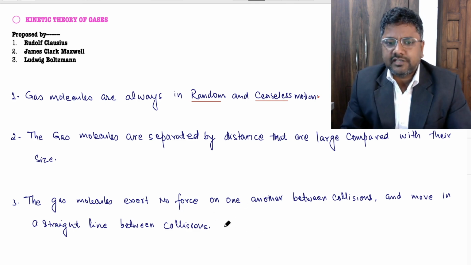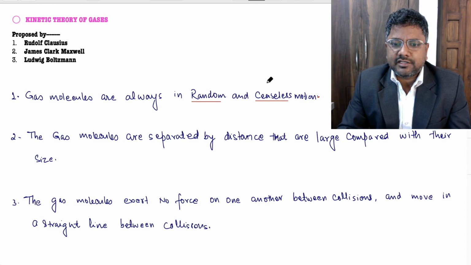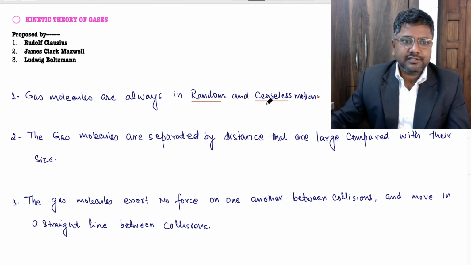So basically, they exert no force of attraction on one another. That's why I have used the word ceaseless here, right?